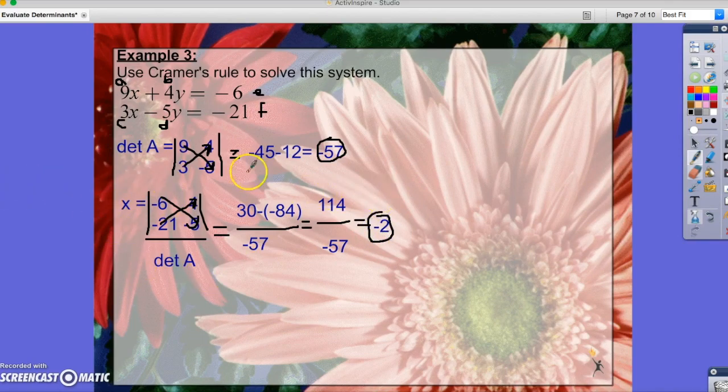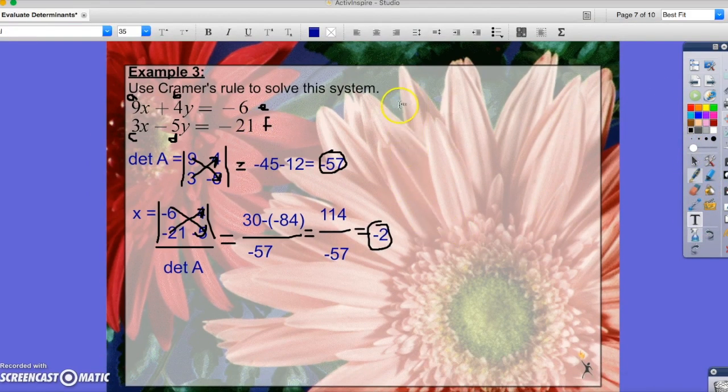Now we have to do the same thing again, but for y. I already did the determinant, so we're going to look right at the y part. So y equals. If I look at my y, and you have to go back to your notes here, we do A, C and E, F. So A, C is this column, 9, 3.